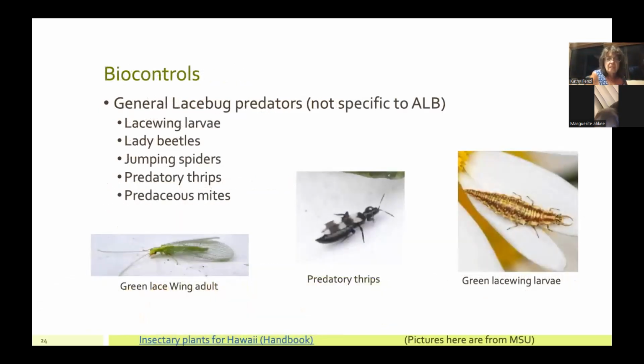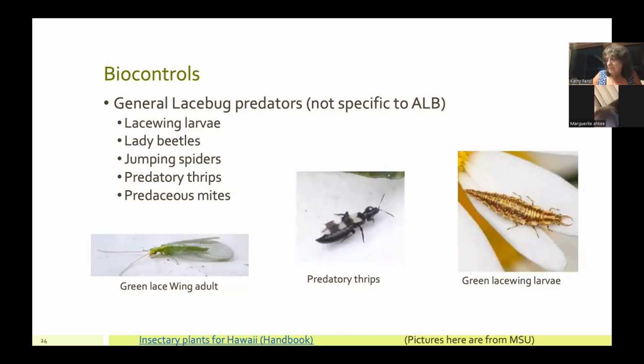And then biocontrols are the other potential portion of the IPM program. As far as I know, and as far as the research I've read, most of them are general lacebug predators.